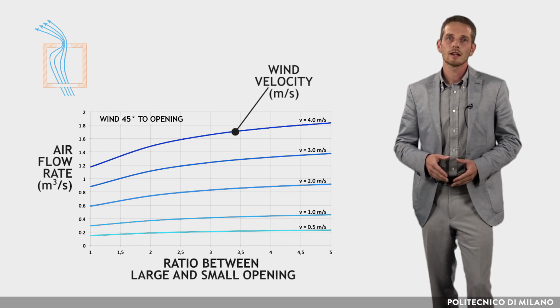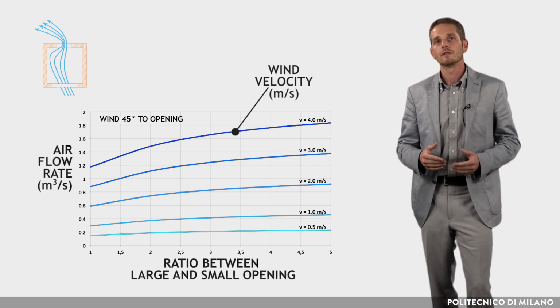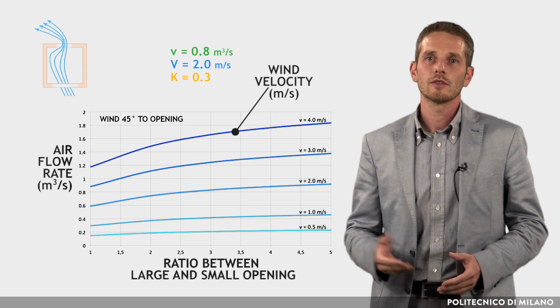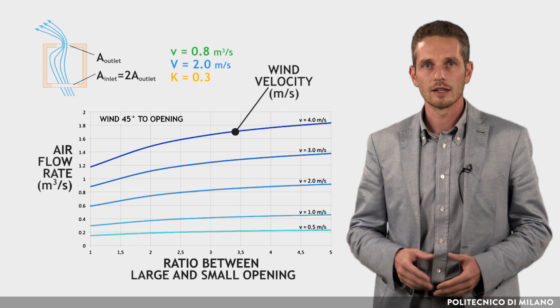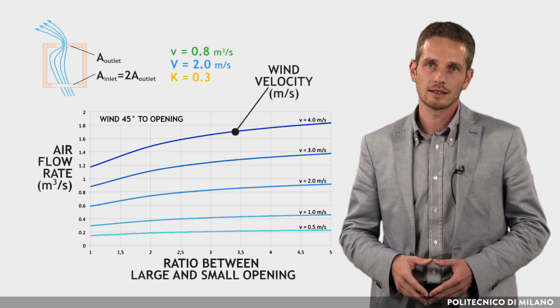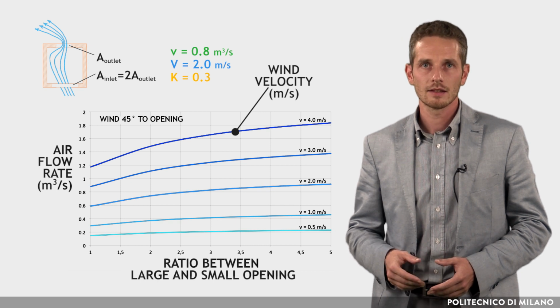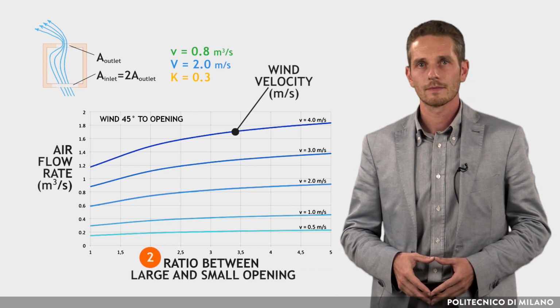They provide the airflow rate per square meter through the smaller opening with different wind speeds. With the same data of the previous example, let's assume that the inlet net opening area is twice the outlet net area. We identify on the x-axis the proper ratio between the opening areas, that is 2.